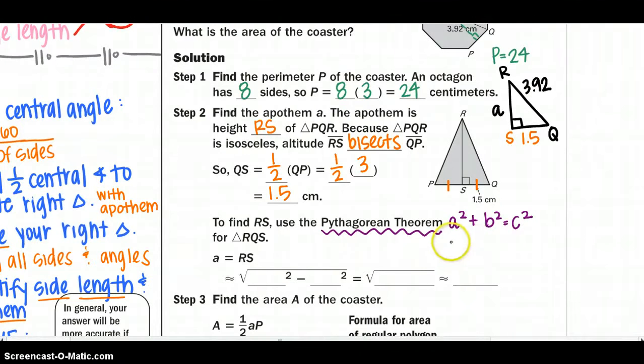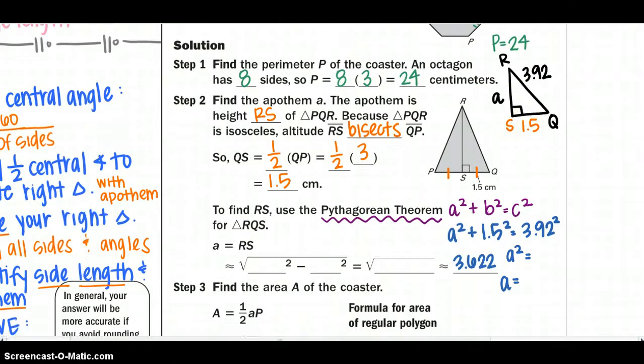So we would say a squared plus 1.5 squared equals 3.92 squared. So a squared would equal, and a would then equal approximately 3.622. Alright, so that would be our apothem.